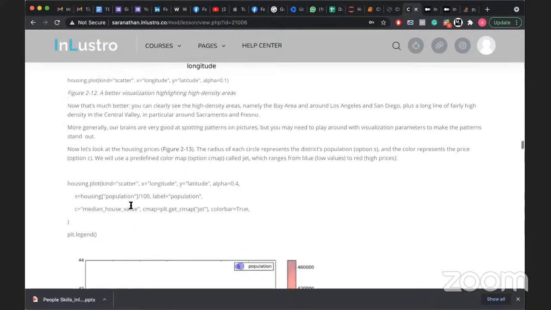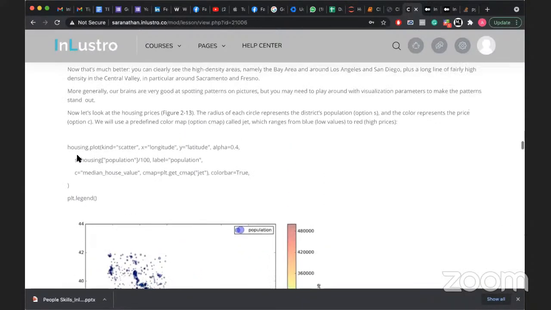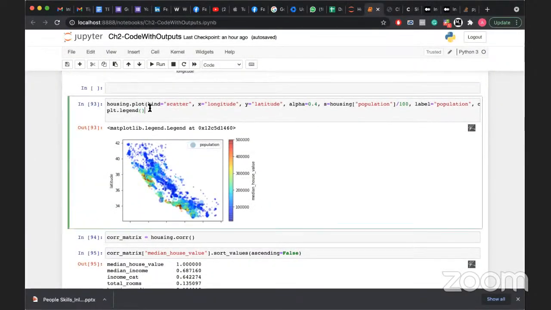So we look at the housing prices now. We're going to create a colored map with the housing prices representing different parts through different colors. So please do this.